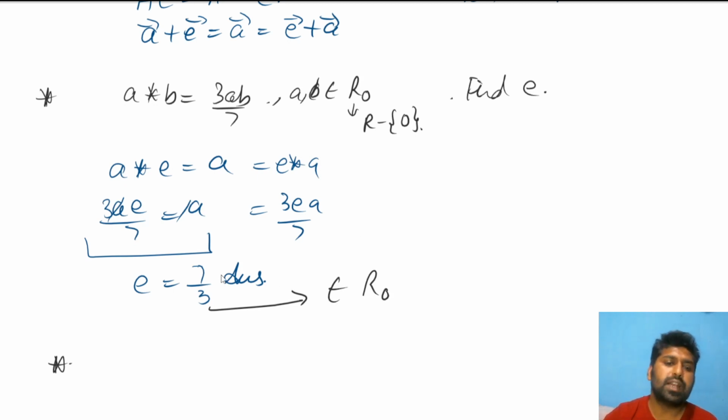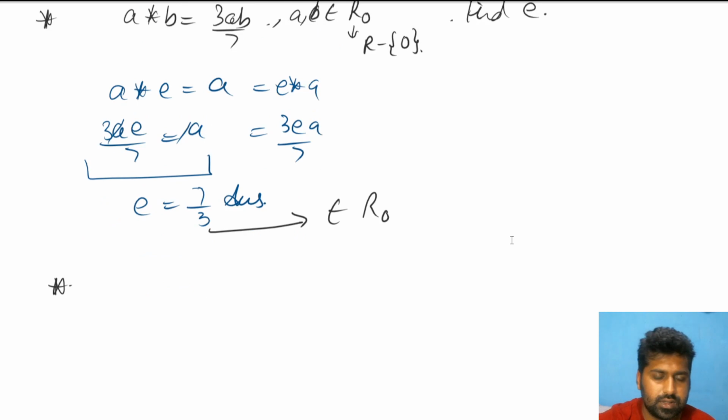Remember that. Suppose you got e as 0. If that is valid in this set, then only you can take this as identity element. 7 by 3 is a real number which is not 0, so yes, we can take this. Otherwise you cannot. Suppose it was coming a negative number and here it was given natural number, then I cannot take e as a negative number because it doesn't belong to the set.